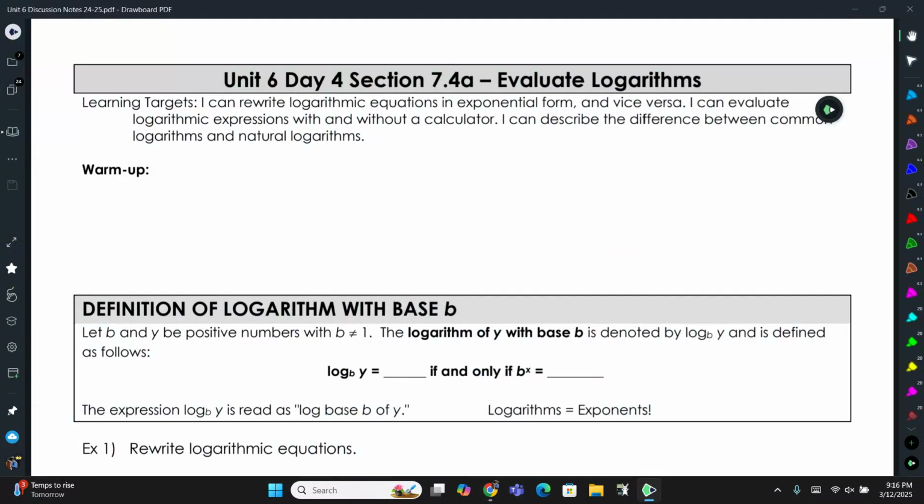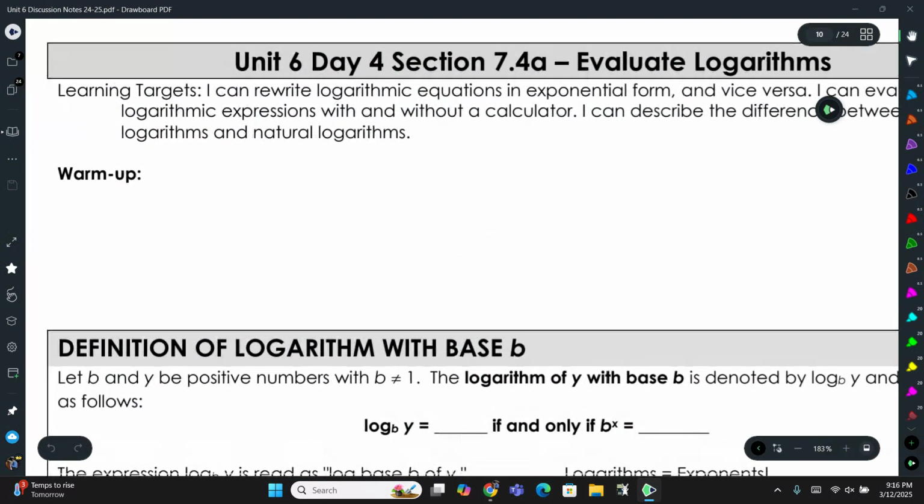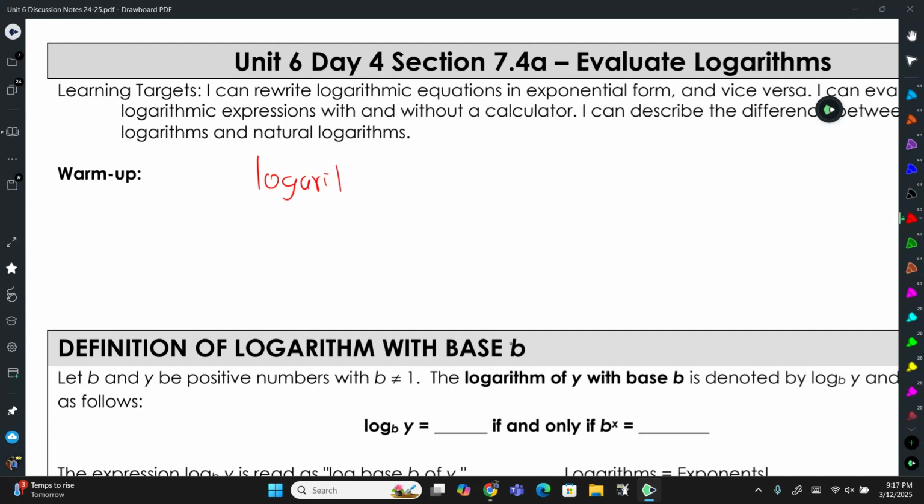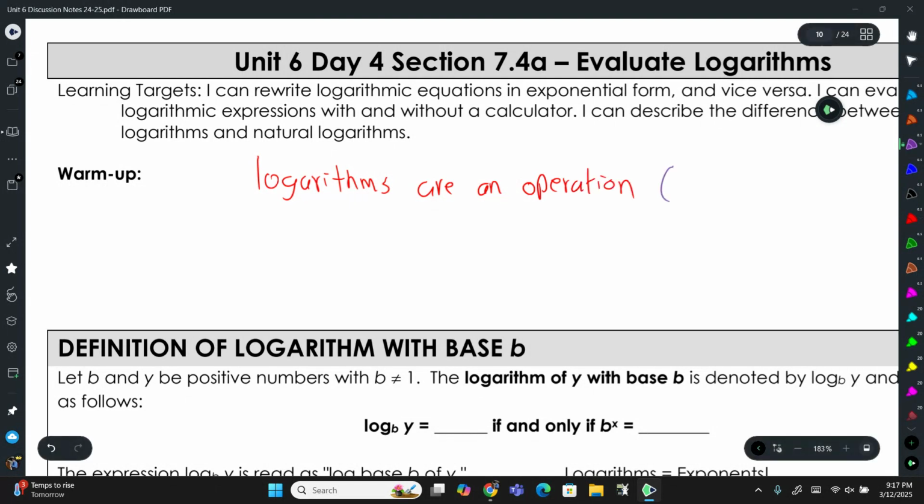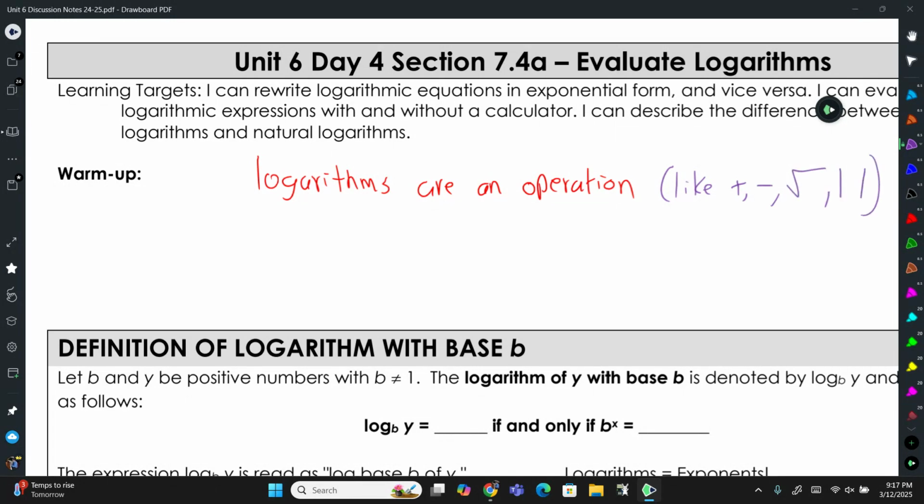Alright, today we're going to talk about something called logarithms. A logarithm is another type of operation. So I want to write that down, that logarithms are an operation, just like addition, subtraction, square rooting, absolute values.